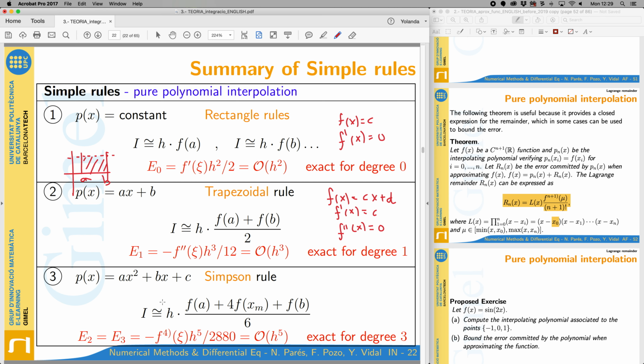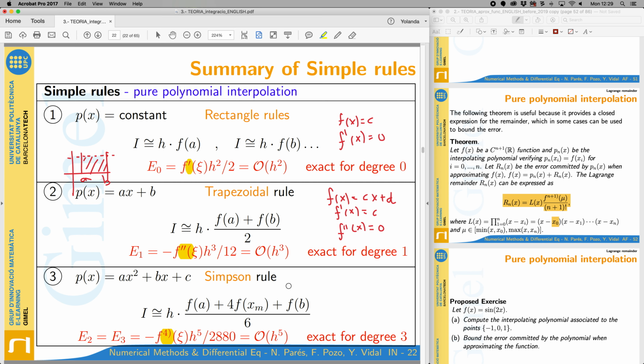In the formulas for the rectangles, it's the first derivative. For the trapezoidal rule, I have the second derivative, but for Simpson's rule, we have the fourth derivative. So this is really unexpected, and this really means that Simpson's rule is paying off for more than we were expecting.